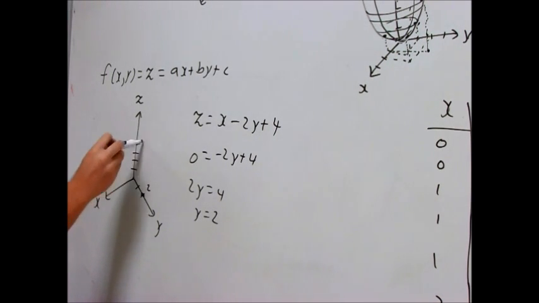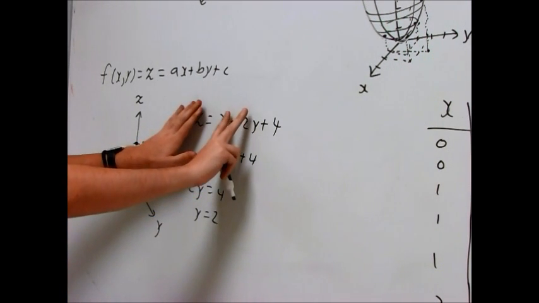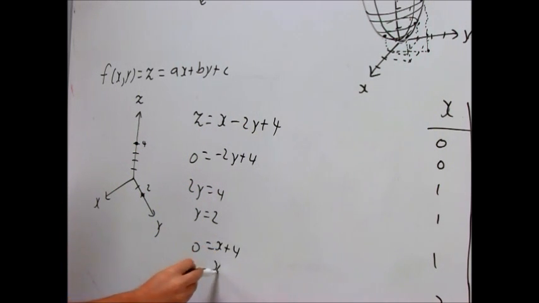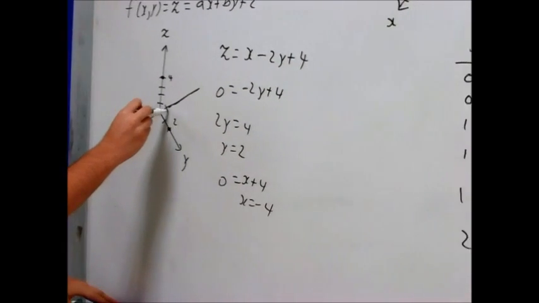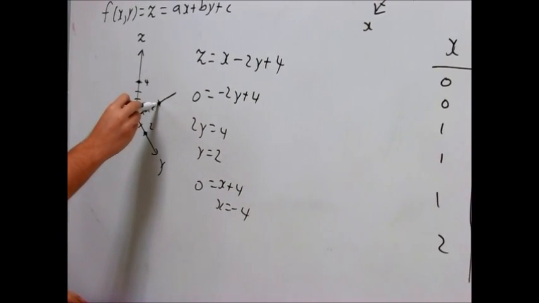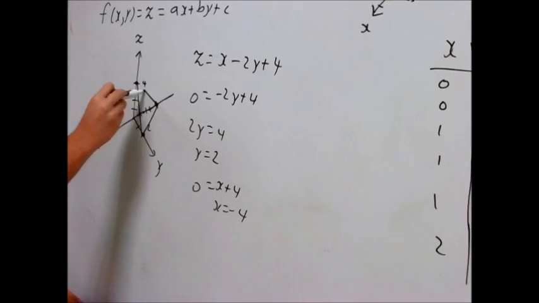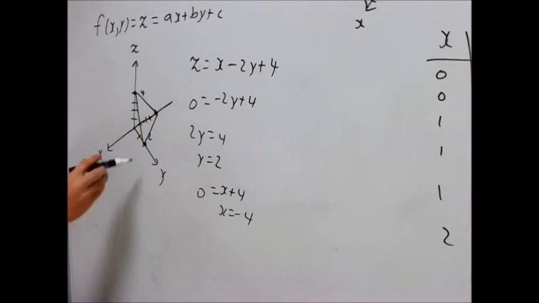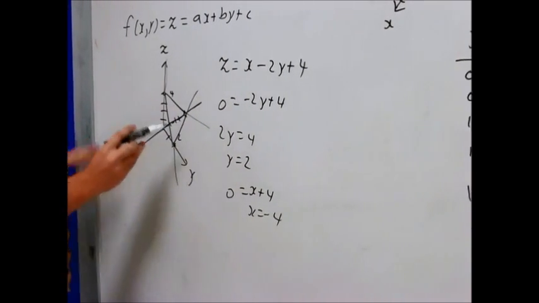Here's 4. And then if we have z and y 0, we just get 0 equals x plus 4, x equals negative 4. So that would be in this direction. Then you can see that if we connect these 3, we create a little triangle, and if we extend this all the way further in all directions, you get a plane.